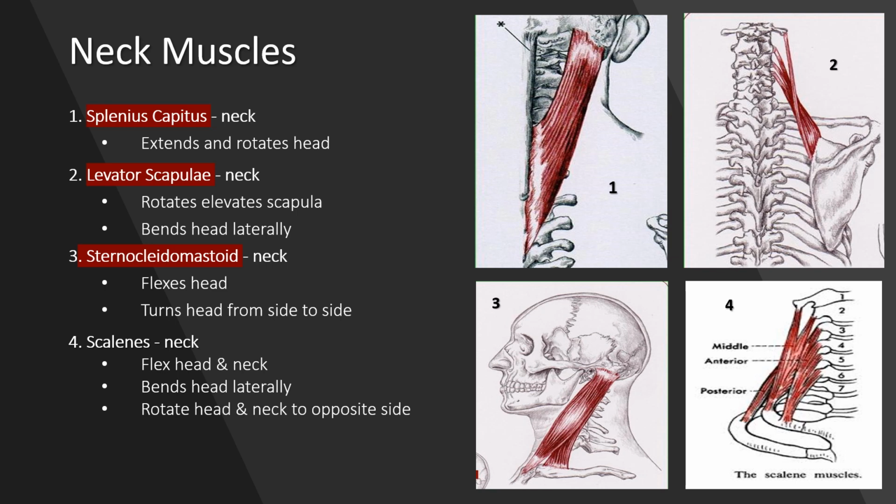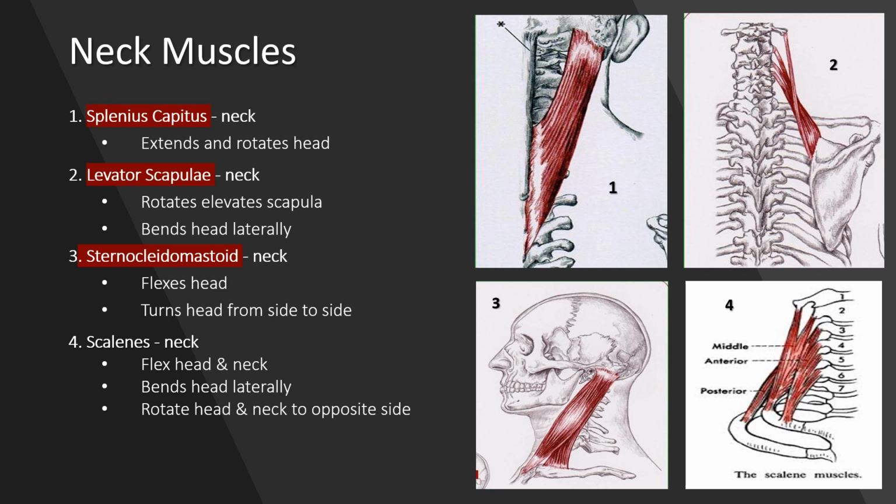Now the scalenes are just behind the sternocleidomastoid. So if you apply some pressure to the side of your neck, just behind the sternocleidomastoid, the scalenes can often be really painful, and they can make you feel a little bit throttled, as though somebody's throttling you. Not a nice feeling, but again, they can be very tense with people who have neck pain.